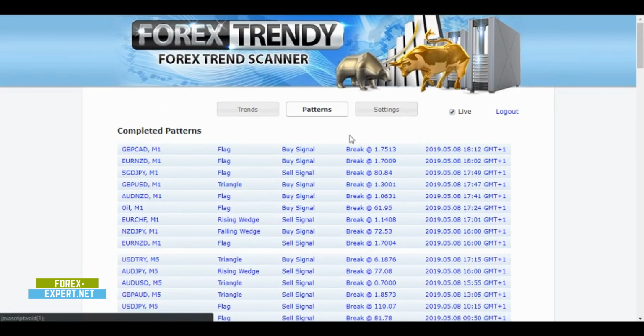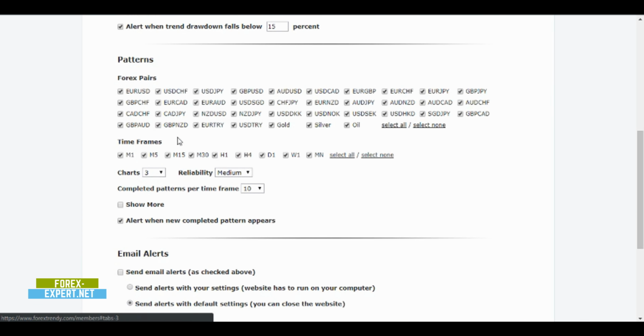The same story for the patterns. You can go here in settings. You can focus only on a few pairs, because there are traders that prefer to focus only on a few pairs, like the euro and the US dollar, the USD and the Swiss, or the British pound and the US dollar.